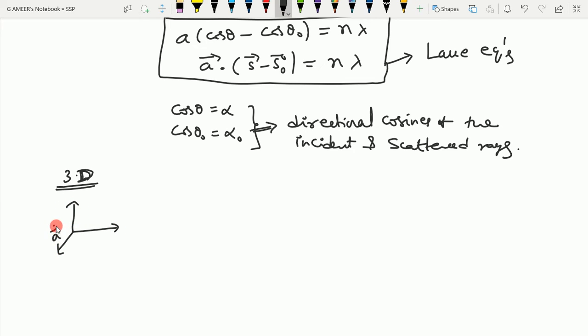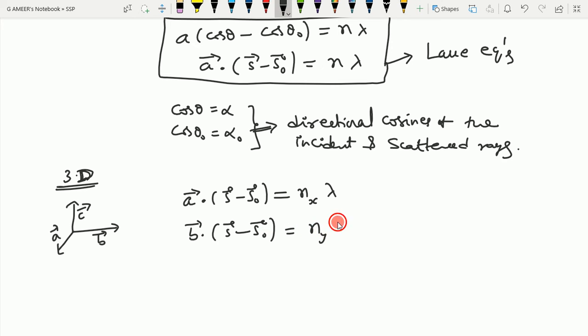Along x-axis, let's say A, this will be B, and this will be C. So the equations become A dot (S minus S naught) equal to nx lambda, along y direction B dot (S minus S naught) equal to ny lambda, and along z direction C dot (S minus S naught) equal to nz lambda.